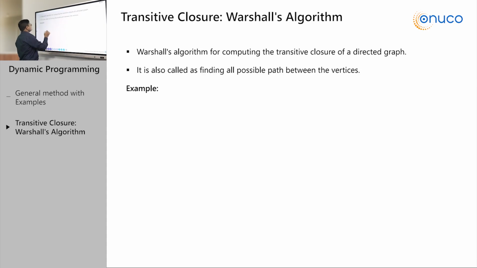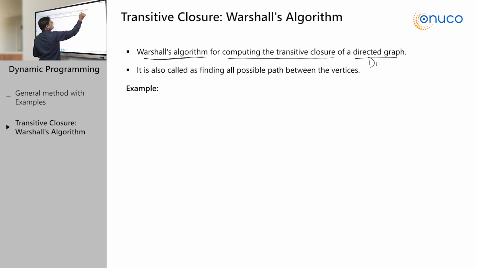We are going to learn, under this, the first algorithm called WARSHALL'S algorithm. Now, what is this WARSHALL'S algorithm, right? WARSHALL'S algorithm is used to compute the transitive closure for a given digraph. Digraph is nothing but a directed graph.